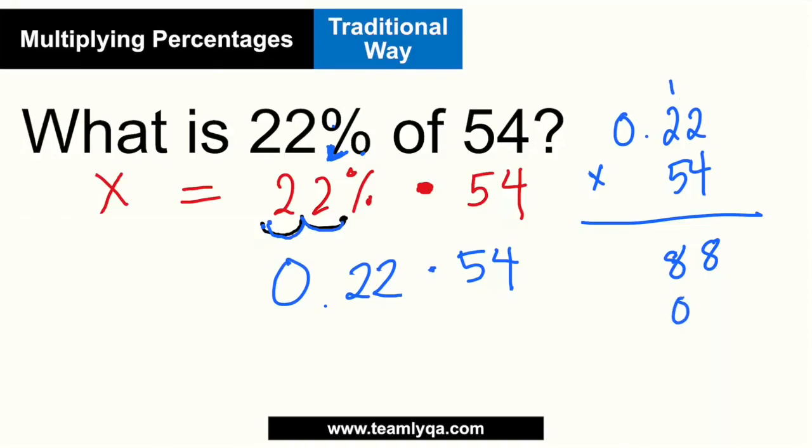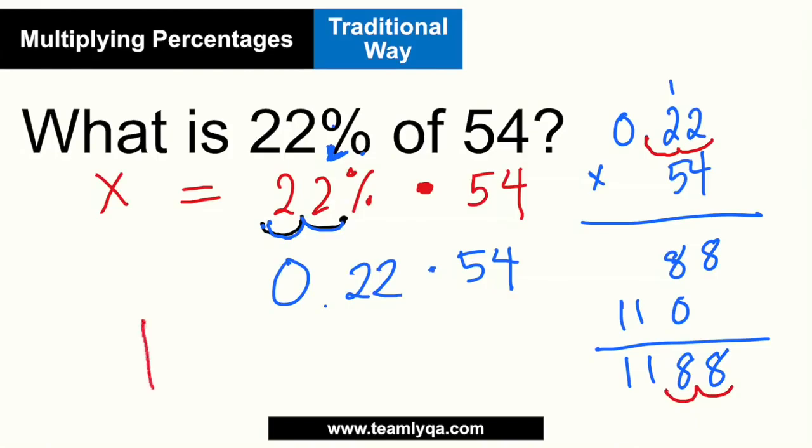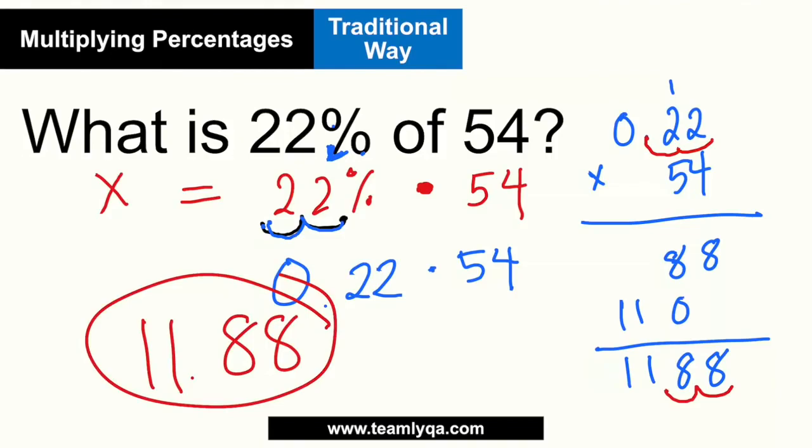Tapos 2 times 5 is 10. Tapos dadagdag natin yung 1, you have 11. Tapos i-add natin yan lahat. You have 1, 1, 8, 8. Tapos dahil meron kang dalawang decimal places right here, 1, 2, imumove ko siya pabalik. 1, 2. So the answer is 11.88. So yan yung sagot natin.